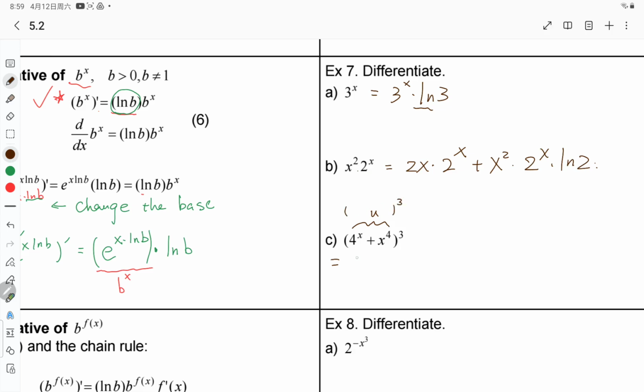So this is 3 times, copy it down, (4 to the x plus x to the 4th power) squared, right? And then times whatever the derivative inside is: 4 to the x ln 4 and then plus 4x cubed. You should write it down because this should be direct, right?